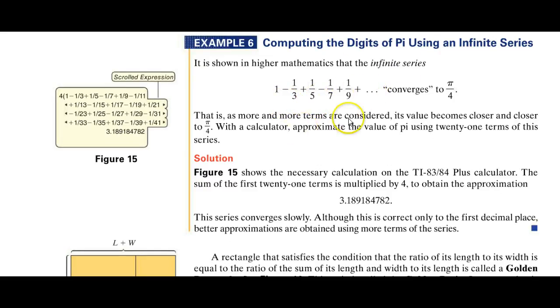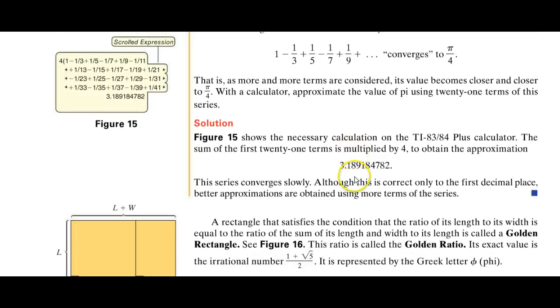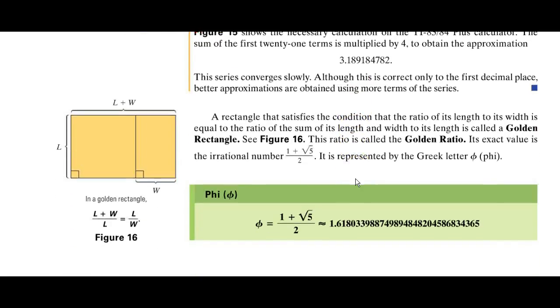Again, I'm not sure where we're going to use this or what we're going to do with it, except to know this is pi using the infinite series, and it's approximated a little higher than our usual approximation of pi, 3.14, etc. This is 3.189. Again, it's available as a reference in our textbook and hopefully in your notes.